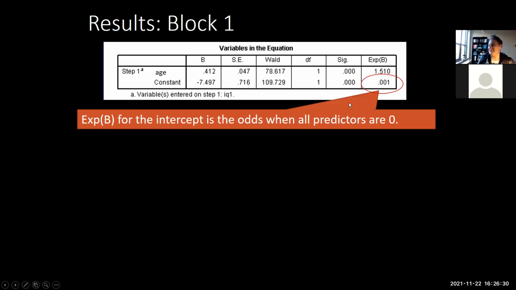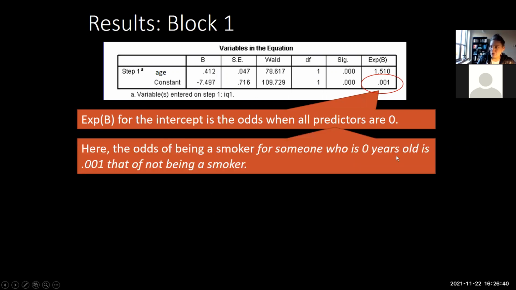But over here with the odds ratio, I find these to be much easier to explain and interpret. This is the odds when all predictors are 0. So the odds of being a smoker for someone who's 0 years old is 0.001 times that of not being a smoker. But again, we have to think about when all of these predictors are 0, we're focused on when someone is 0 years old.